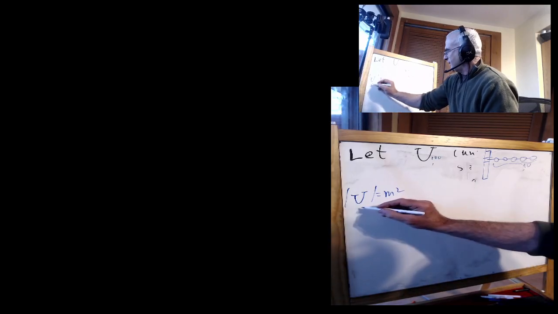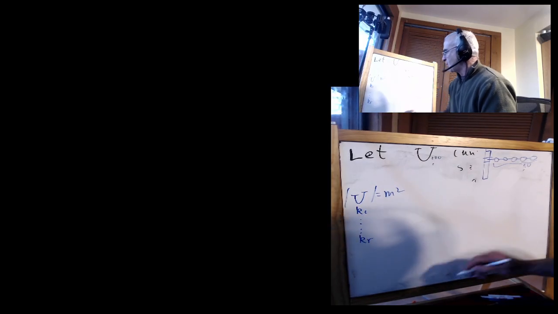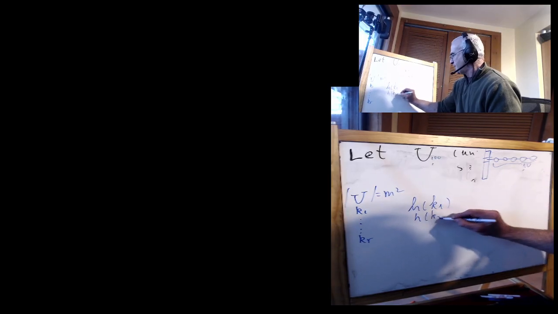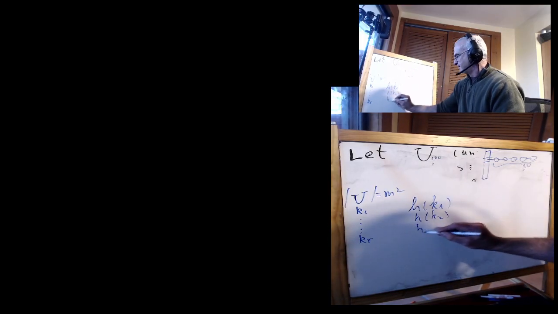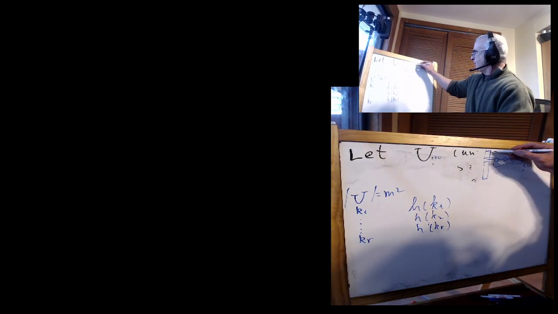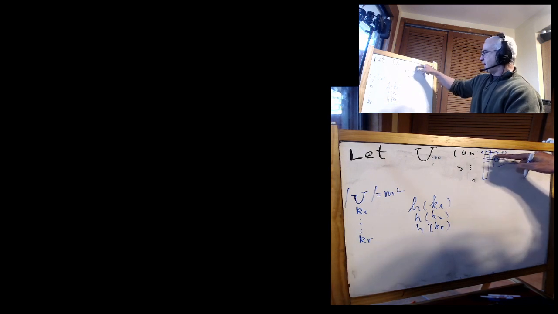There are m squared items in the universe, and let's call them K1 all the way up to KR. I'm going to compute h of K1 and h of K2, all the potential students, all the way up to h of KR, and I'll see who is falling in cell number 1. Maybe there are only 2 students that fall in cell number 1.